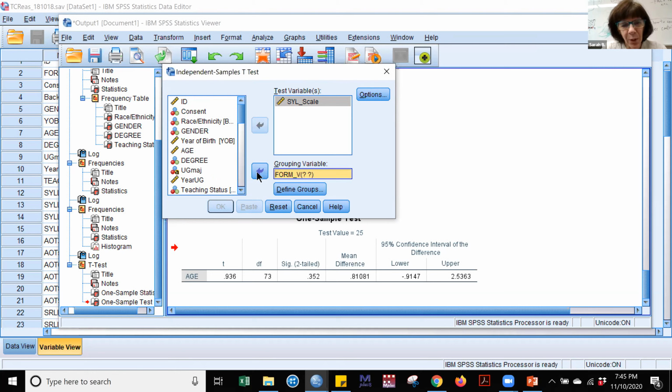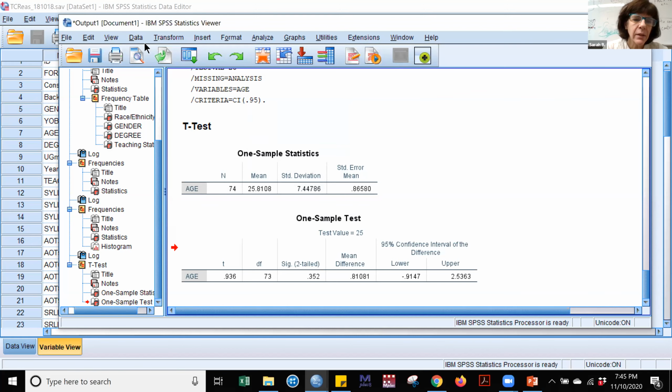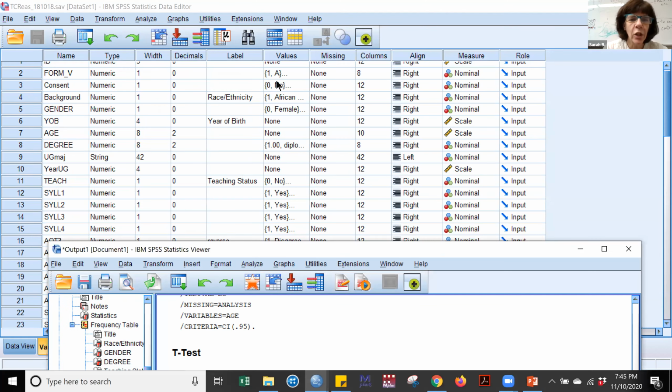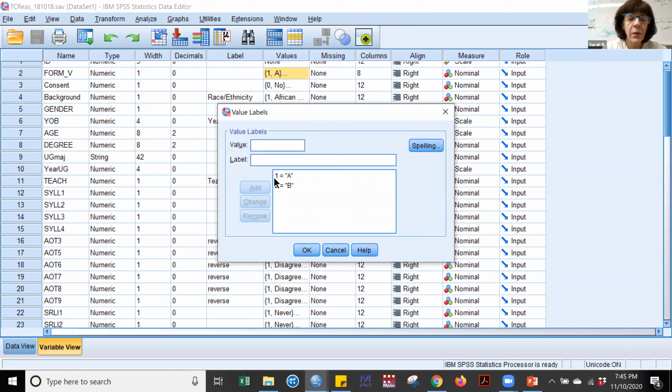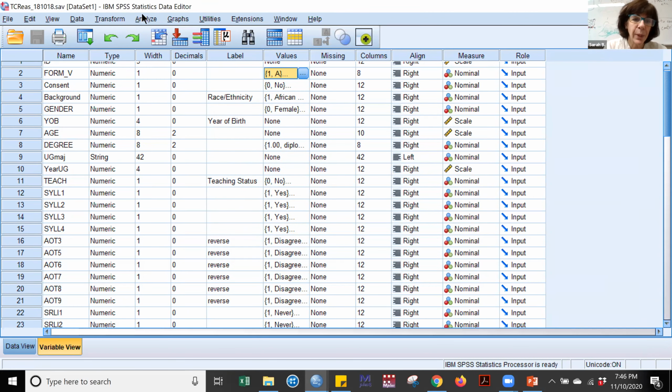I can't remember. So I'm going to have to cancel this out and go back to the original data and look and see how these things are coded, because for the group values, I need to know what numbers are in the data set. And the values are 1 and 2. So now I know there's a group with a value 1 and a group with a value 2. And that's what I want to compare.